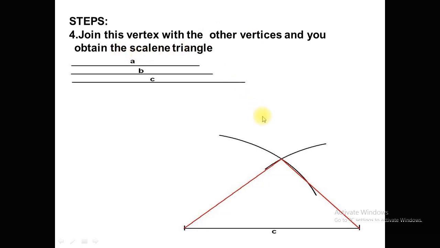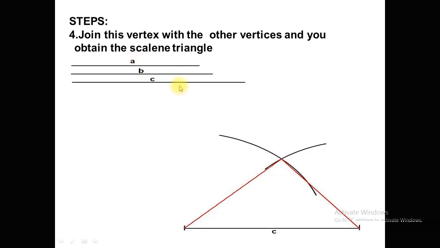So dear students, note how to construct the scalene triangle. In the data we have the length of all three sides, but the lengths of all three sides are different. That's why the triangle is called scalene or different sided triangle. So this point is very important to note. In these three sides, the length of one side will be greater than the other sides.